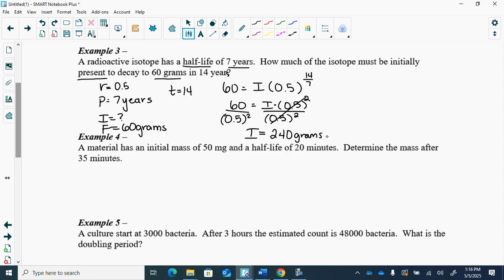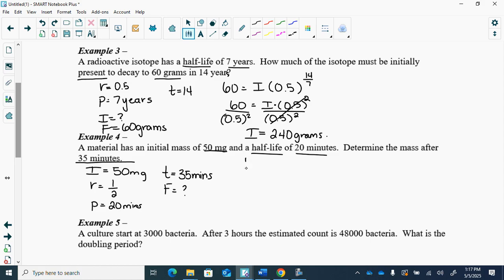Okay, a material has an initial mass of 50 milligrams and a half-life of 20 minutes. So they come right after each other, so it's P. It halves every 20 minutes. So that's period. Determine the mass after 35 minutes. So that's time to reach final, and we don't know the final.